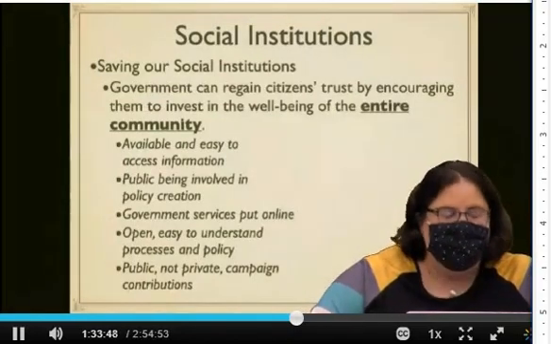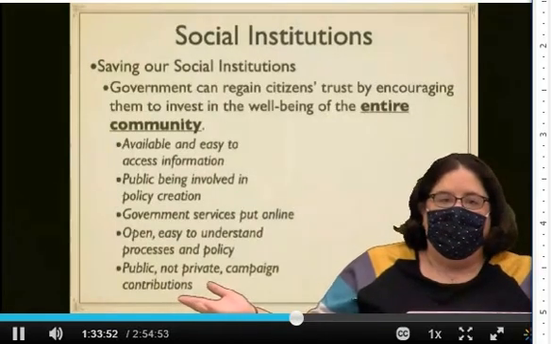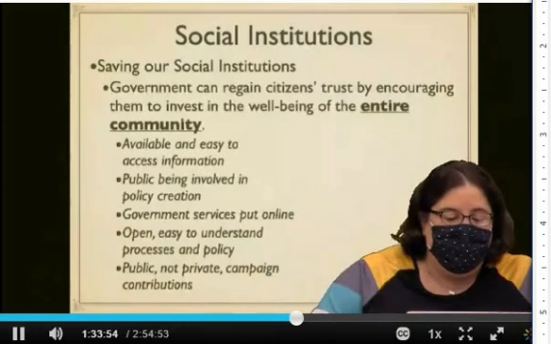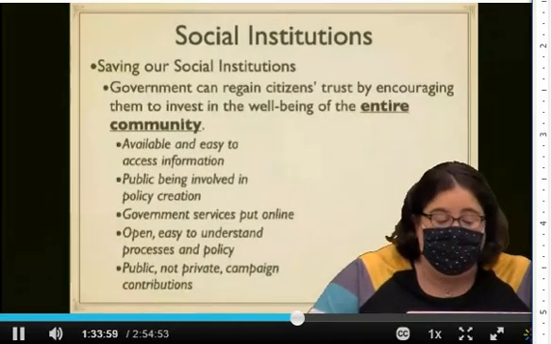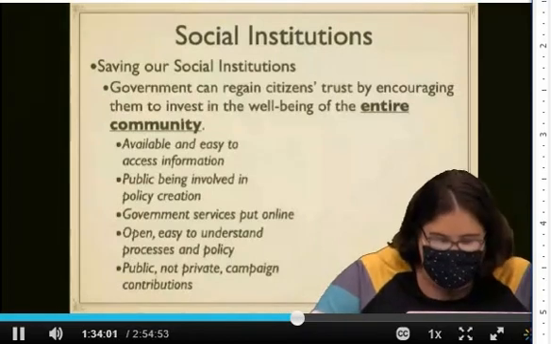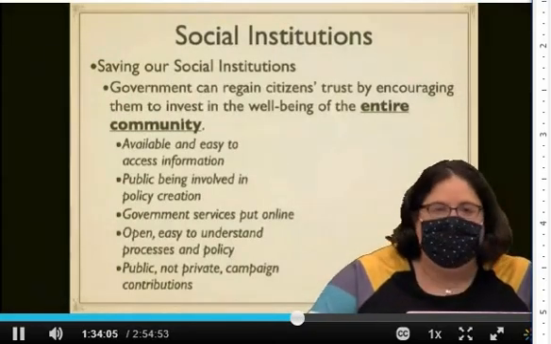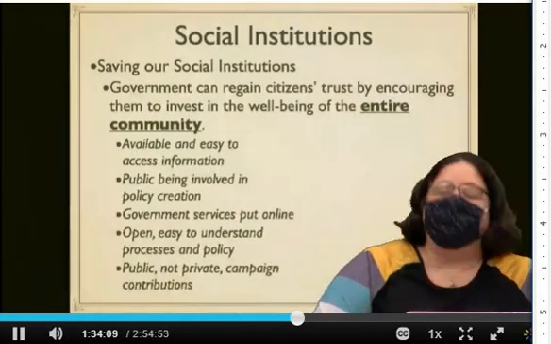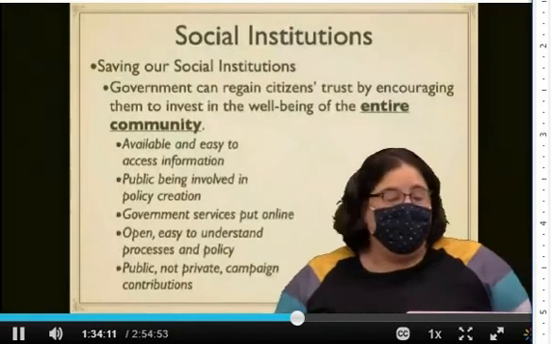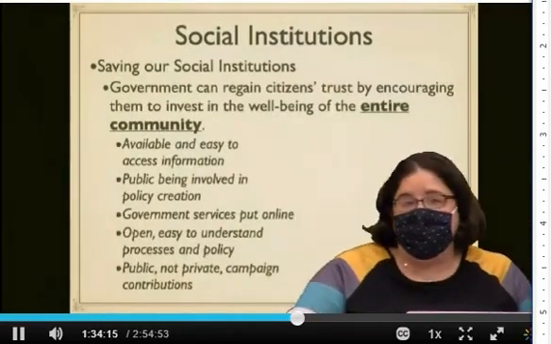If elected officials were only beholden to the citizens who supported them, right, they would be able to focus on the needs of their voters rather than their need to raise money. So transparency, and transparency in funding, these are all steps that could improve people's trust in government, right?